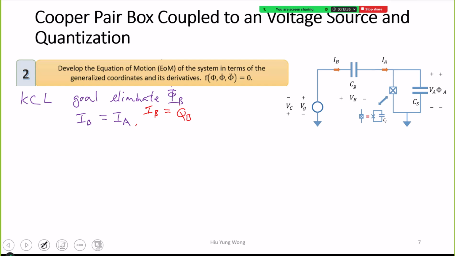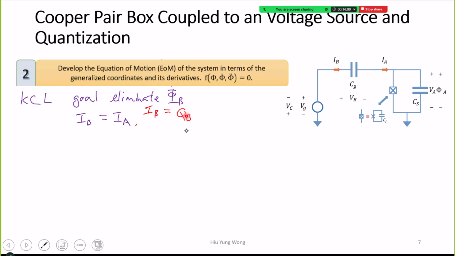The current is the rate of change of the charge across this capacitor. If you forgot, just to remind you the meaning of current: the number of charges passed across a section per unit time. That is the definition of current.